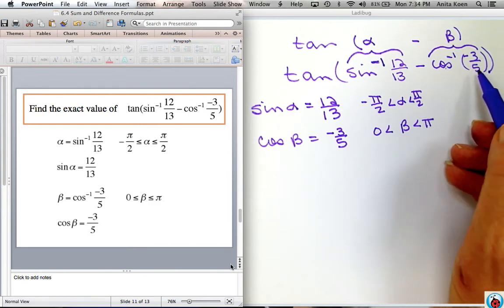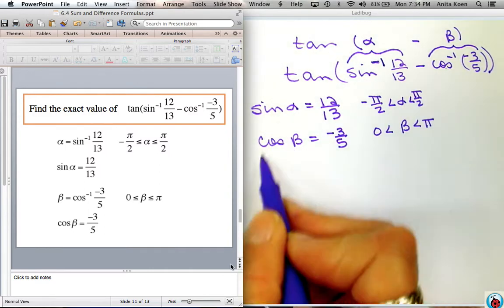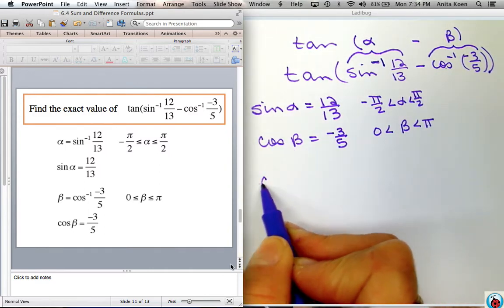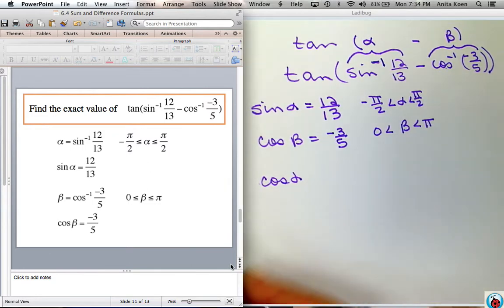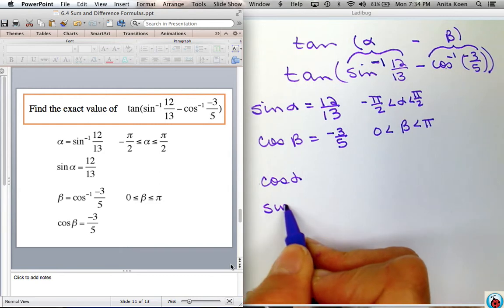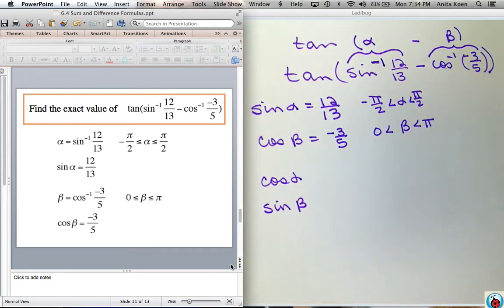All right, now what we need to do is find the cosine of alpha, and we need to find the sine of beta. Because if we can find those, then we'll be able to find the tangent of alpha and beta, and we'll be able to find what we're looking for here.